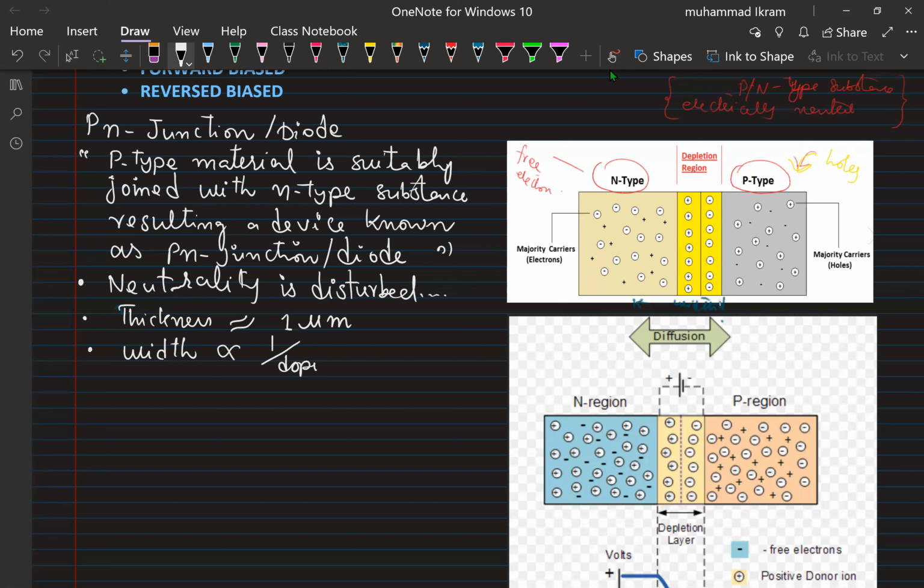Doping is the deliberate addition of impurity, so the greater the impurity, the smaller will be the width.